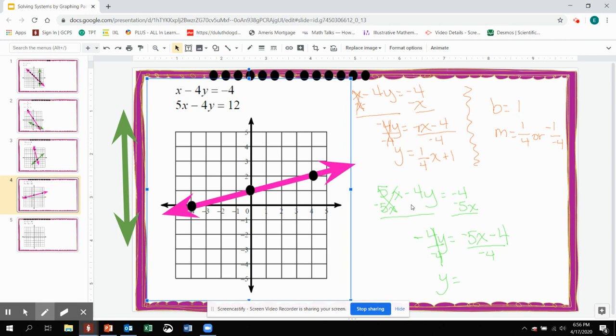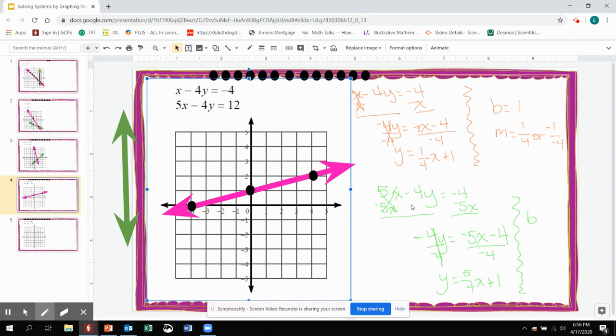I know that it's positive because a -5 divided by a -4 is going to give me a positive answer. So this is 5/4 x. And then I have -4 over -4. If I do a negative divided by a negative, that gives me a positive. And when I do -4 divided by -4, that's +1. So now I have my y by itself.